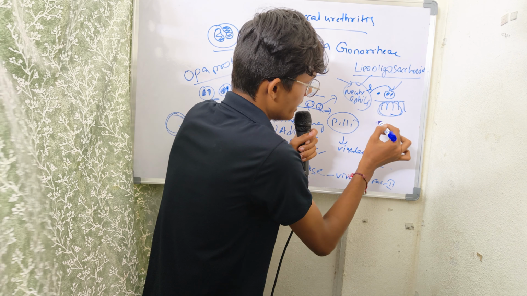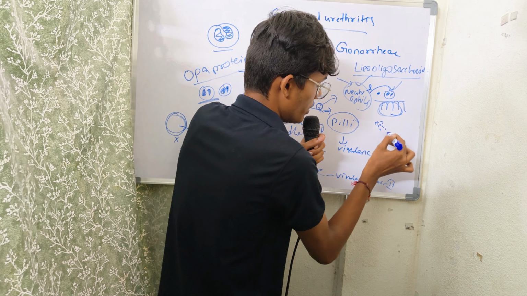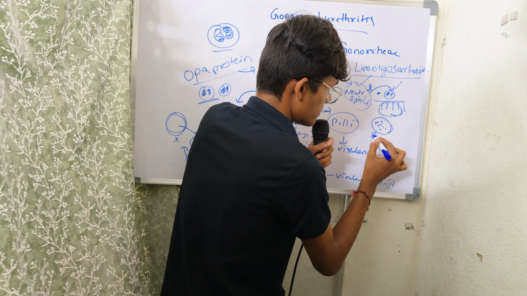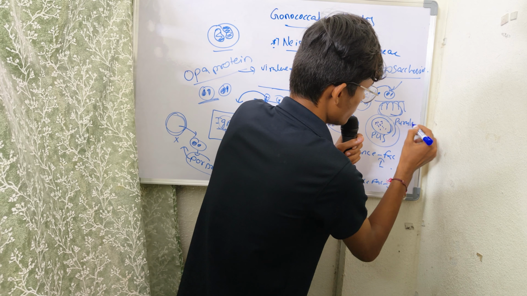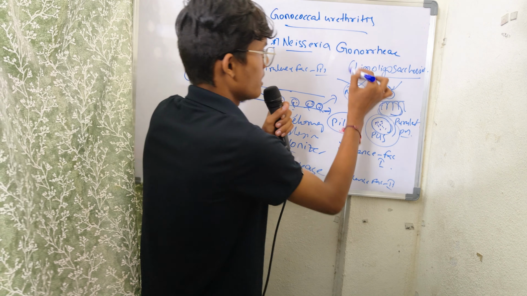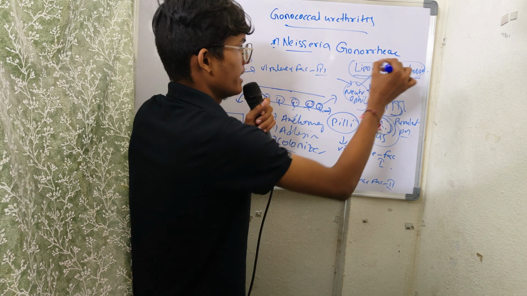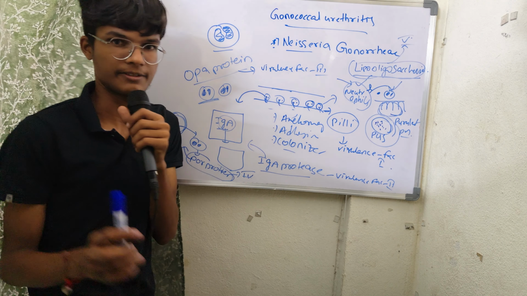So the dead bacteria, dead neutrophils, and dead tissue all form pus. This is the mechanism of formation of purulent pus, and this lipo-oligosaccharide we can take as the fifth virulence factor.